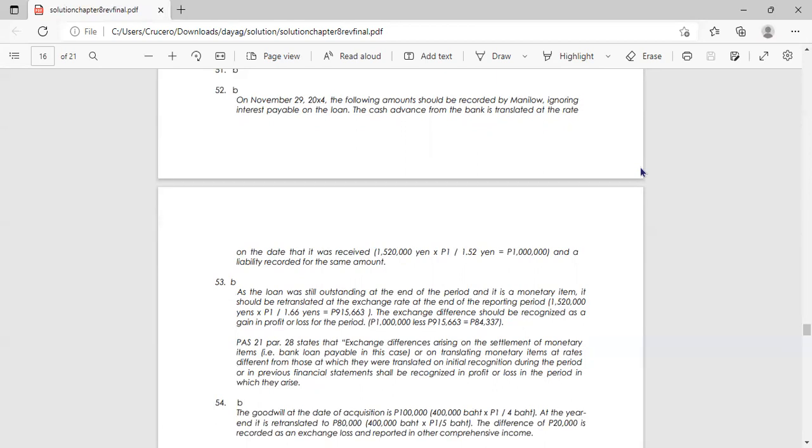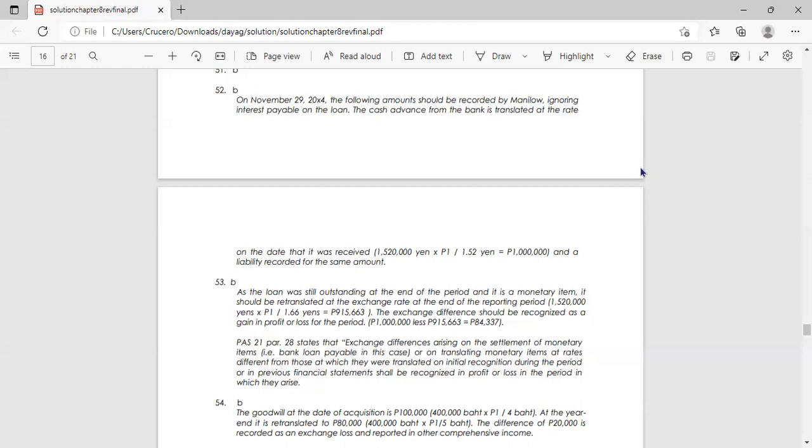The loan remained unsettled at the end of the year, and we have the exchange rates on November 29, the loan date, and the end of the year. The following amount should be recorded by Manilo, ignoring interest payable on the loan. So in number 52, November 29, the following amount should be recorded by Manilo, ignoring interest on the loan.